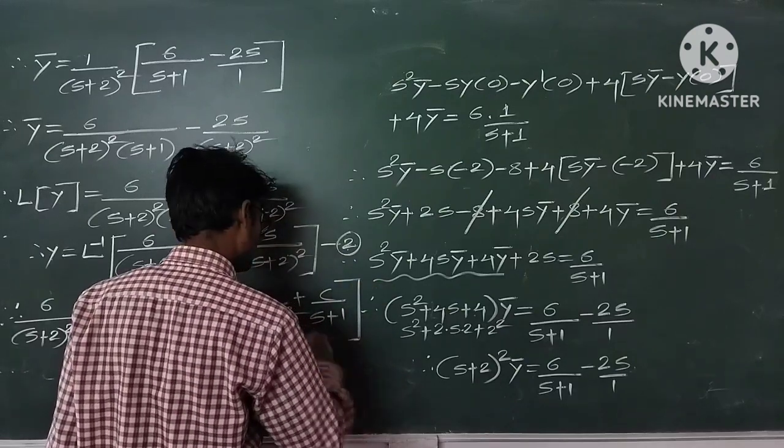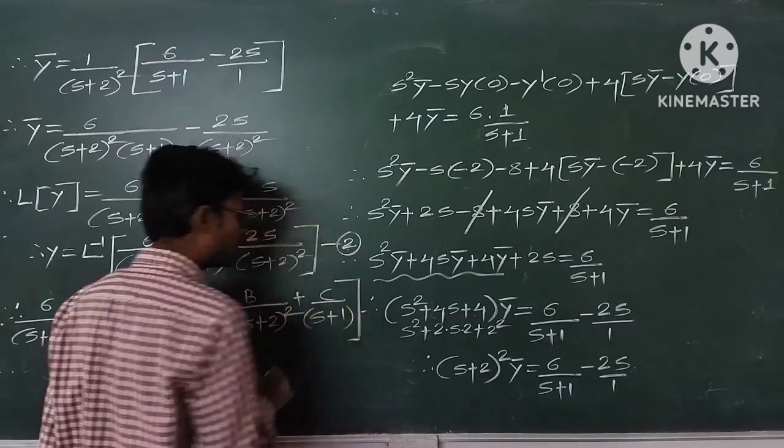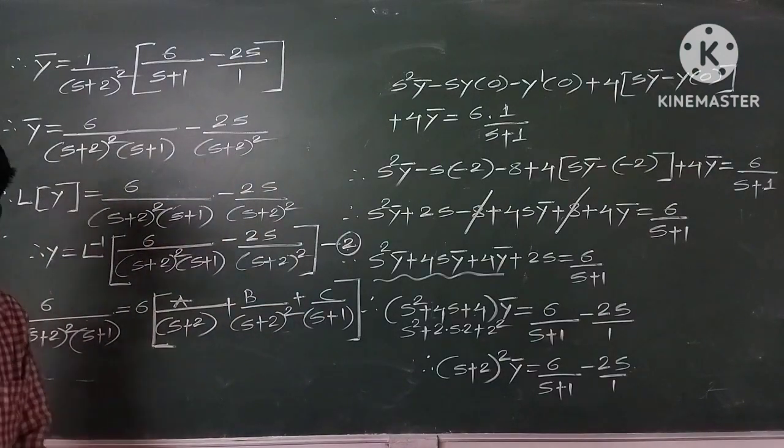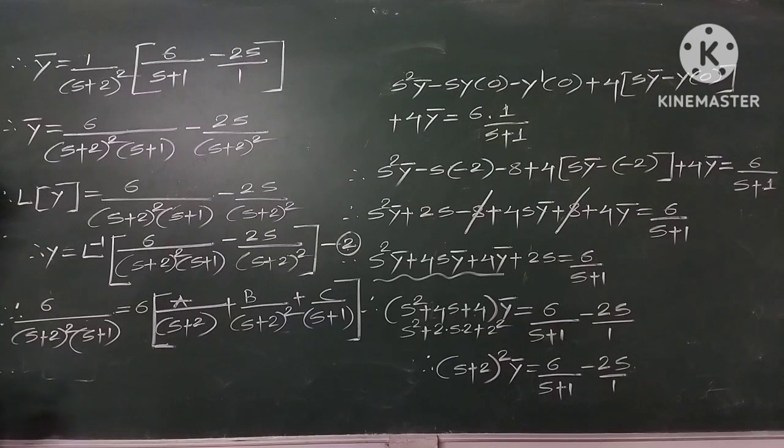So the partial fraction method is applied. Once again, when you have 1 divided by (x plus a) whole square into (x plus b), at that time we write this as A divided by (x plus a) plus B divided by (x plus a) whole square plus C divided by (x plus b). That is the partial fraction method, and I am using it here.